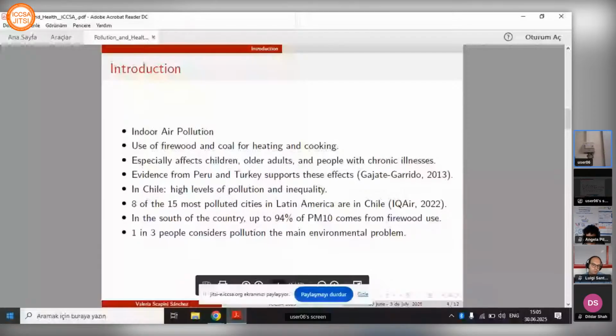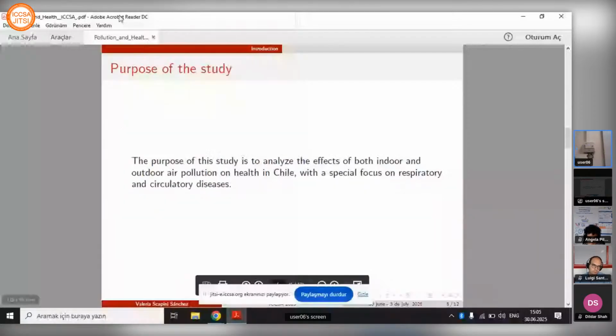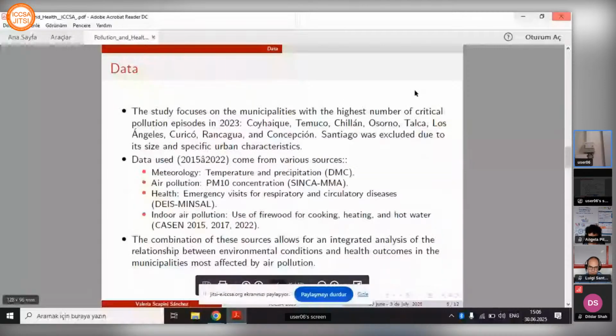And the purpose of this study is to analyze the relationship between indoor and outdoor pollution together in relation with outcomes in health. The data comes from different sources. We focus on 9 cities in the south of my country.